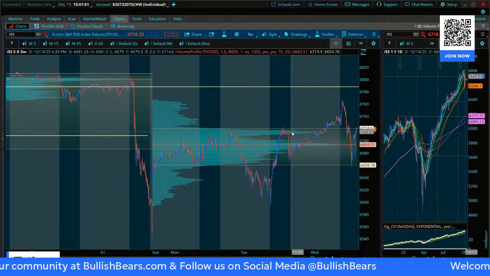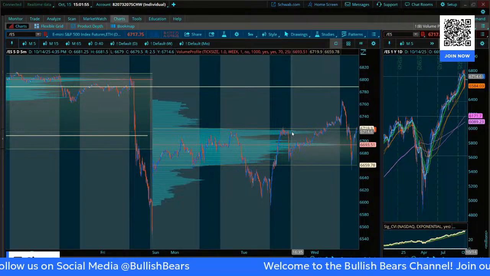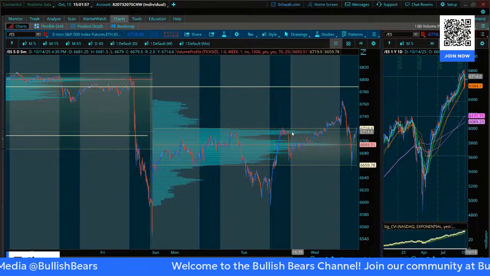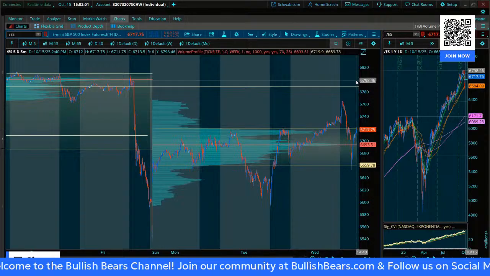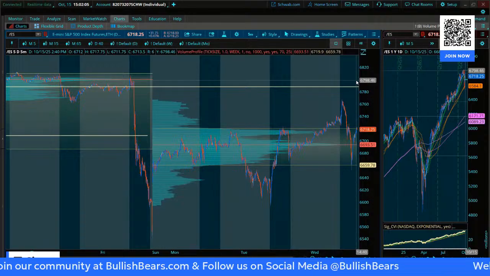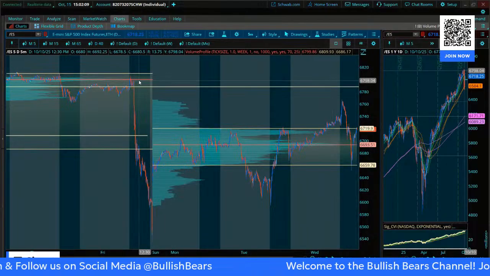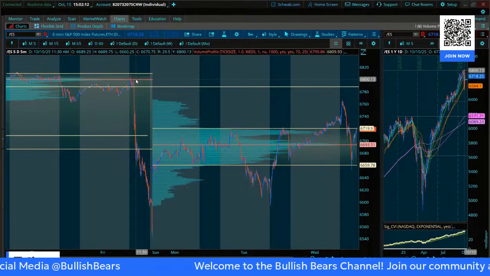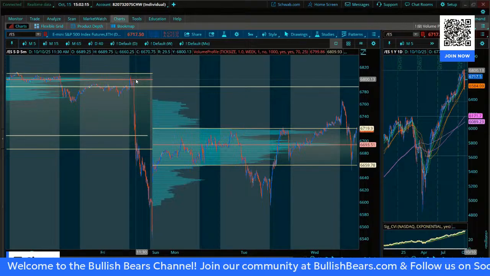See what I mean? Each one of those groups might focus on 6,800 for their own reason. And if I've got 30 different groups all focused on the 6,800, that level's a hell of a lot more powerful. But it's also a volume profile line. So "and" is a good thing.